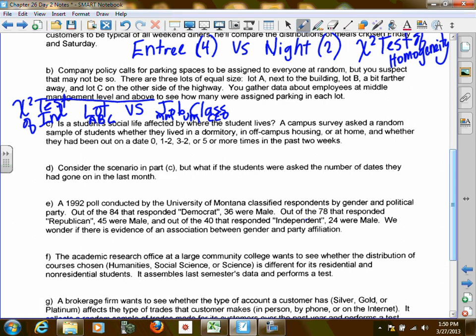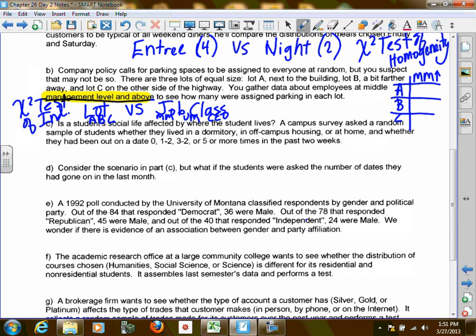All right. When I first read this, I personally took this phrase as meaning just one group. So the way I saw this problem was you got your lot A, B, and C, and all we're doing is checking middle management and up as one group. So in this case, there's only one variable, and it's which lot the people got thrown into.